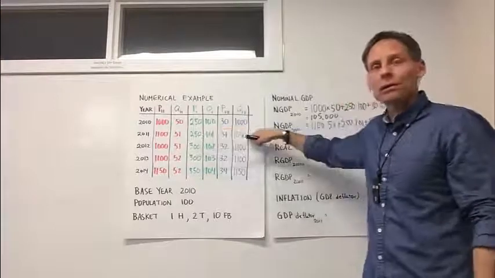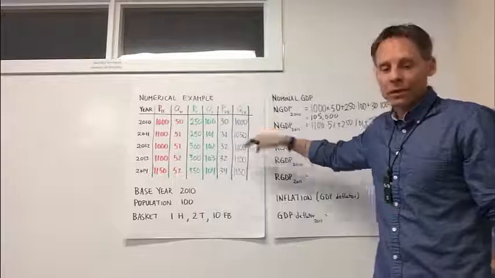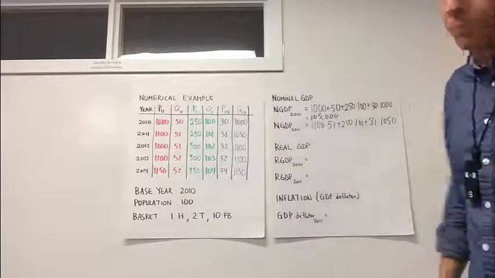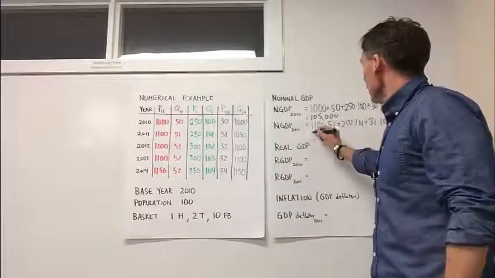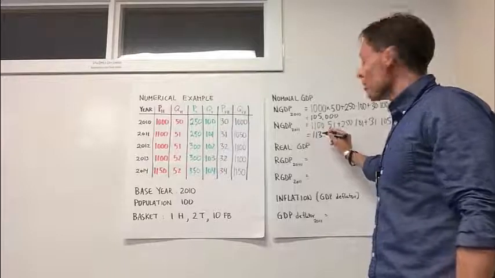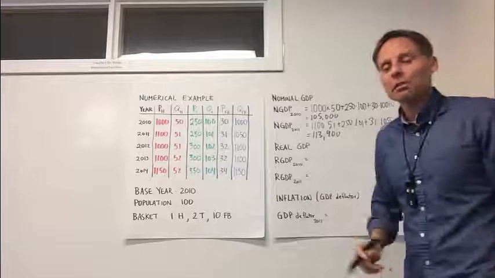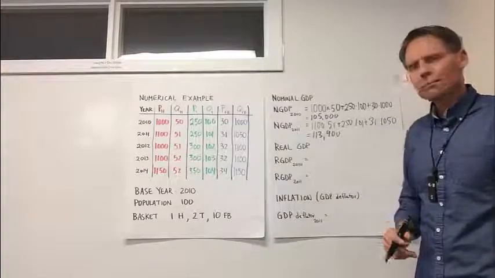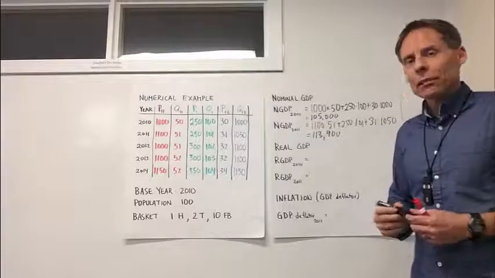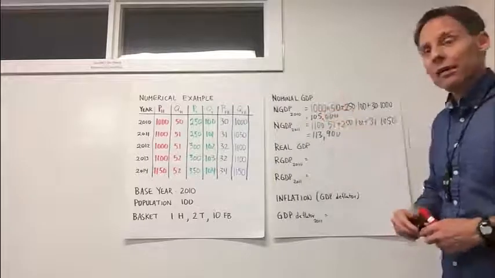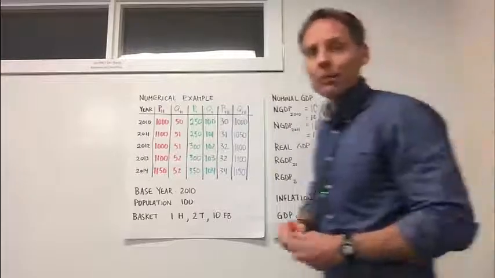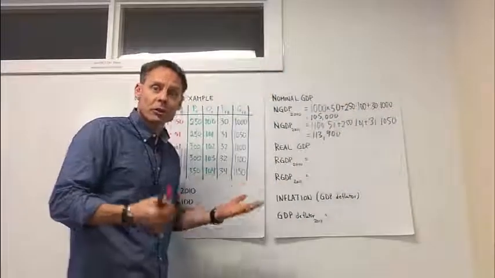That is, we do all these numbers for 2011. And that is $113,900. That's the nominal GDP for this economy. Again, when we look at this number and compare it to 2010, we can see it's higher. So it looks like nominal GDP has increased for sure.